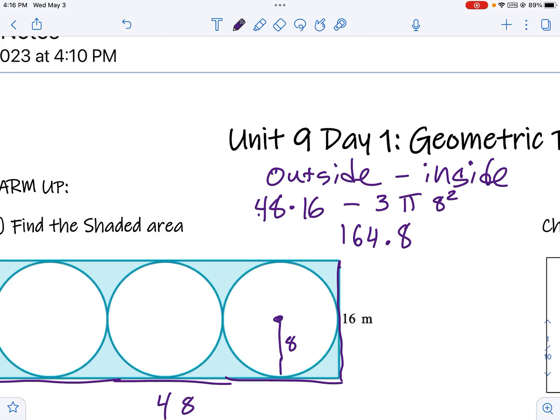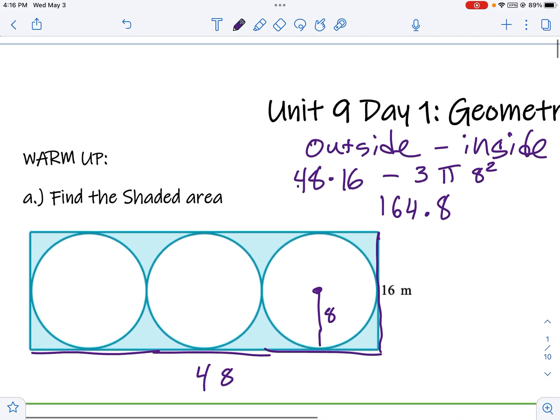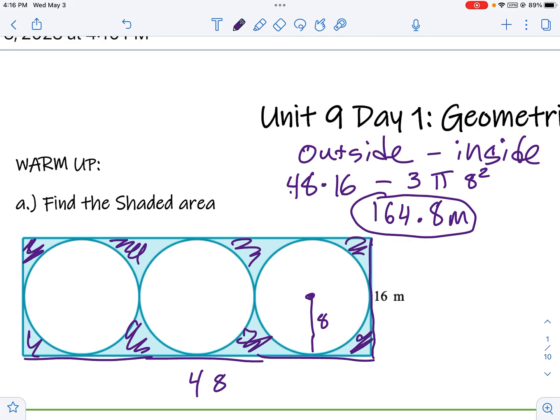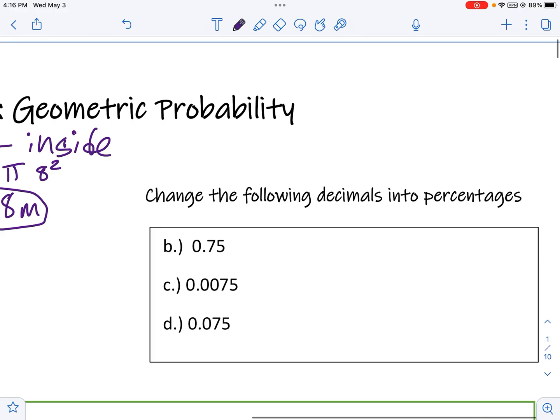If I round to the nearest tenth, that's what it's going to be, and then oh yeah, we do have units, that'll be meters. So my shaded area is 164.8 meters, and we're going to use this a lot today. But just so we're aware, that's all of the shaded parts of that picture, which is something we'll work with a lot today in the lesson.